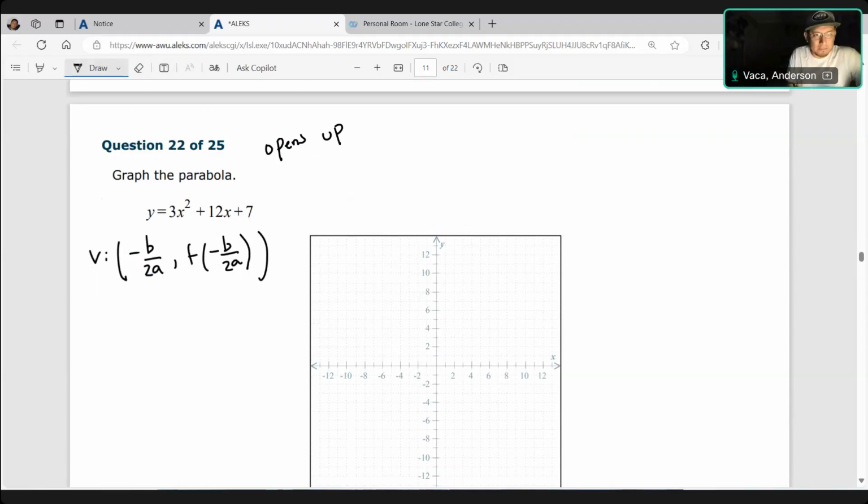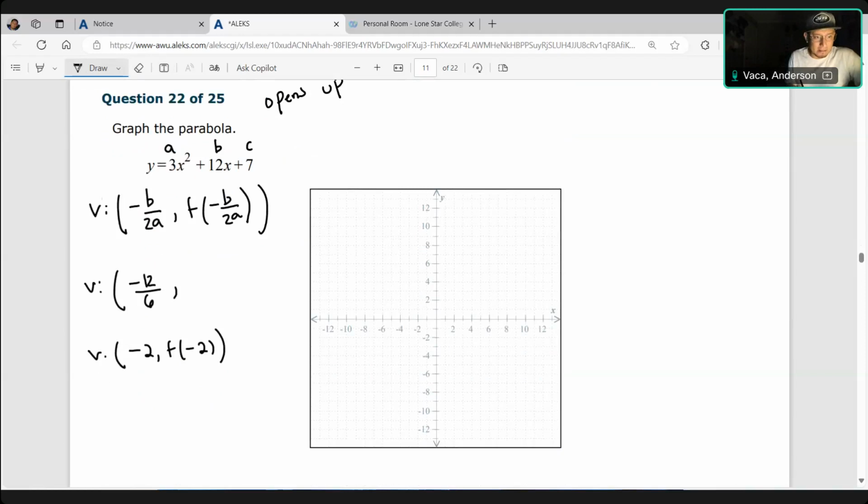So this will be A. This will be B. That will be C. The vertex will be, let's see what happens, negative 12 over 2 times 3, which is 6. So that will be negative 2. And then we need to know what f of negative 2 is.